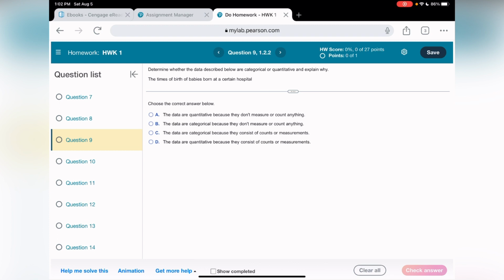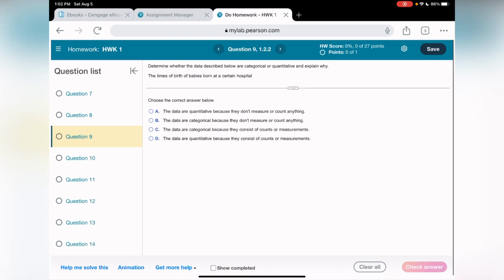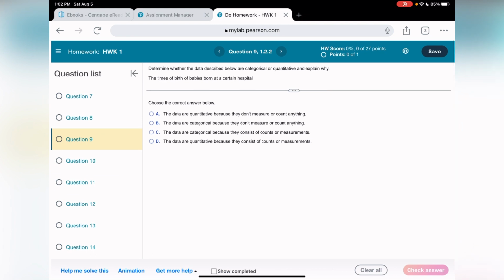At this point, let's go back and solve our questions. The times of birth of babies born at a certain hospital. The word itself, times of birth, meaning once or twice or 100 times, is countable, right? If it's countable, that means it's going to be quantitative. So I eliminate the answers that carry a categorical description, which means B and C fall out, and I have to choose between A and D. A: the data are quantitative because they don't measure or count anything.